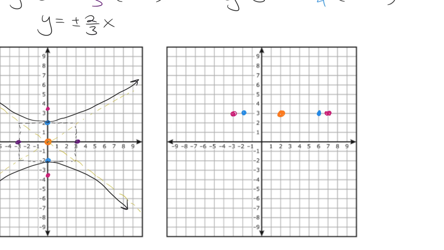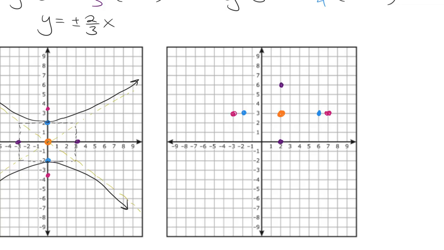How do I get those purple dots again? It's going to be the b. Since the a value told me to go side to side, the b value is going to tell me to do what? Up and down. From the center, we are going up 3 and down 3.